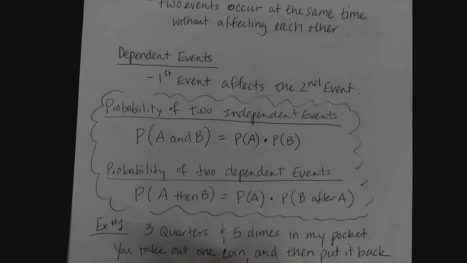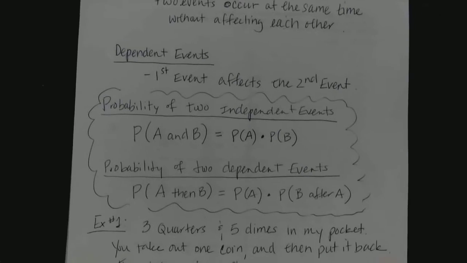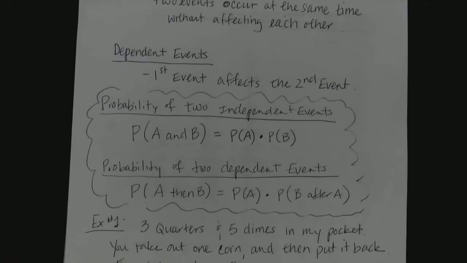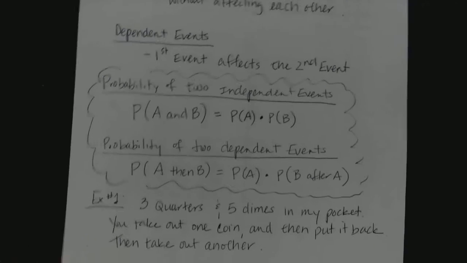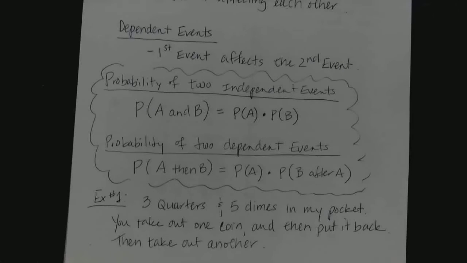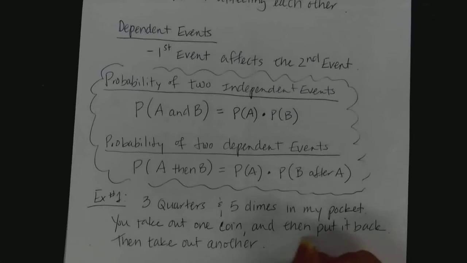Then take out another. Do you think this is an independent or dependent probability? Independent, because you're putting it back. The words put it back make it independent.